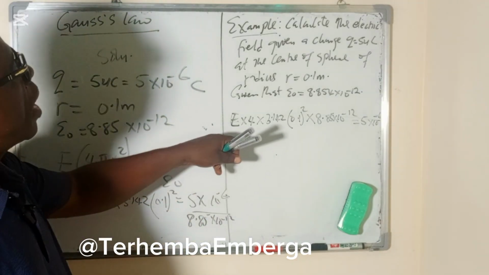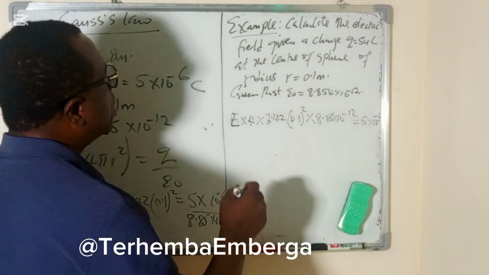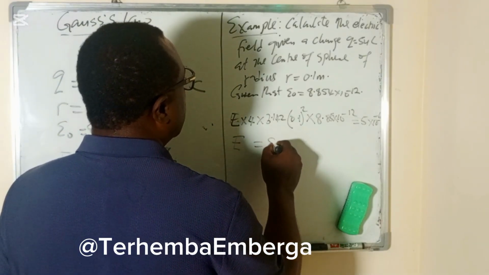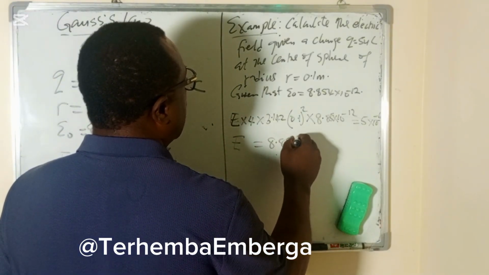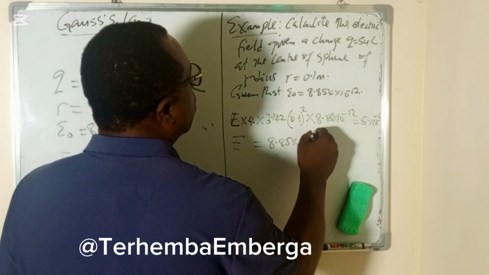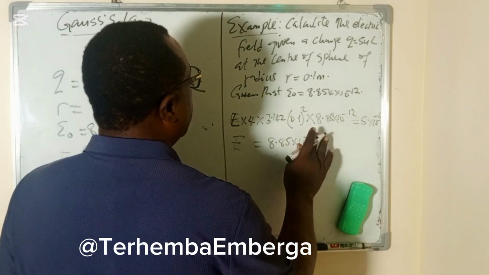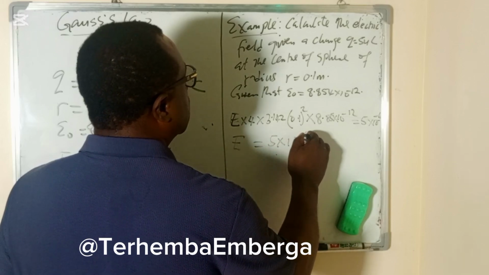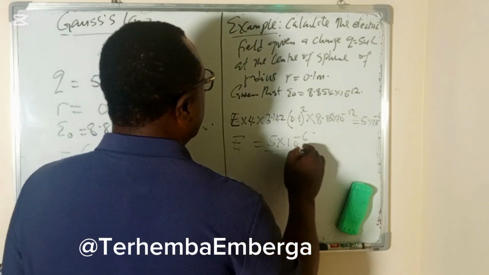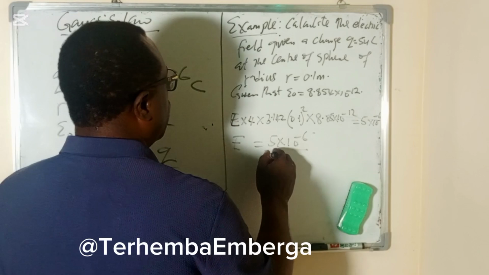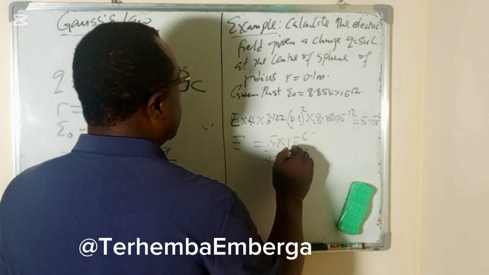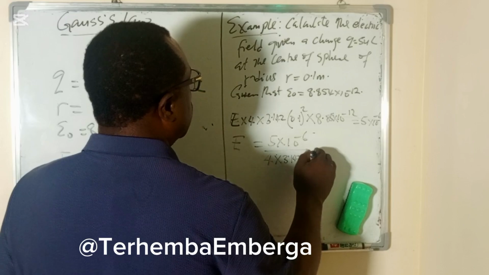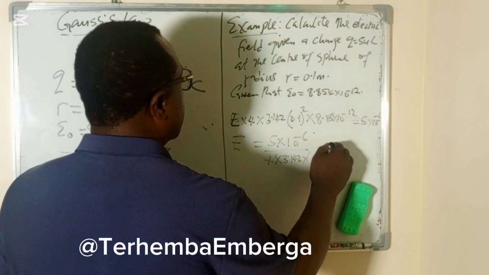So in this case, we can make E the subject. And E becomes 5 times 10 raised to the power minus 6 divided by 4 times 3.142 times 0.1 square times 8.85 times 10 raised to the power minus 12.